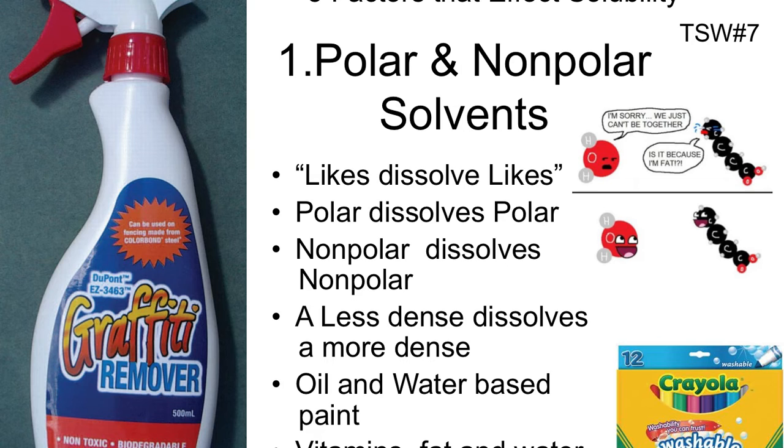So which one does the dissolving? This is the next part we need to discuss. The less dense always dissolves the more dense, right? So take your fingernail polish example that we used in class the other day. Fingernail polish remover is called acetone, and it's not so dense.